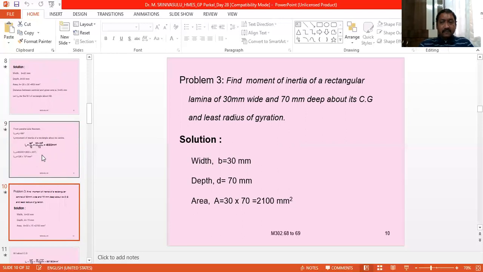Now coming to problem 3. So take down this problem.